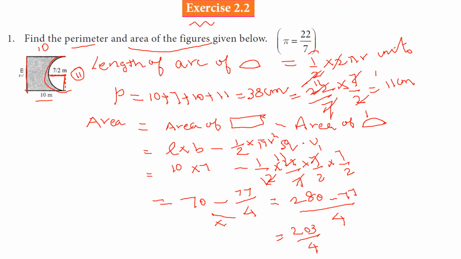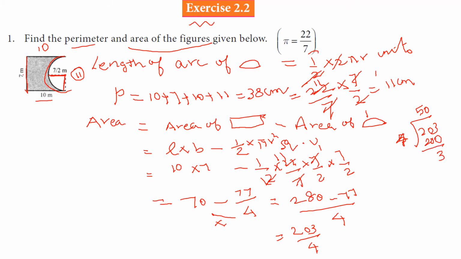So 203 divided by 4. 5 fours are 20. Here if you put 0, 5 fours are 20, so remaining 3.